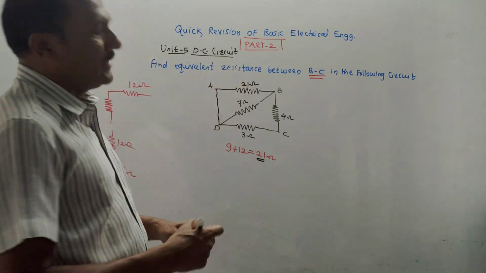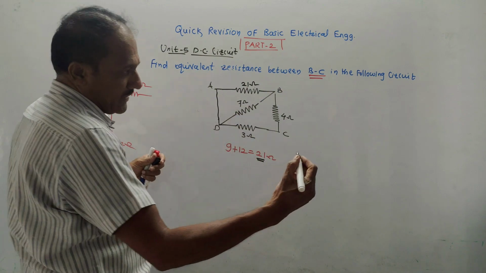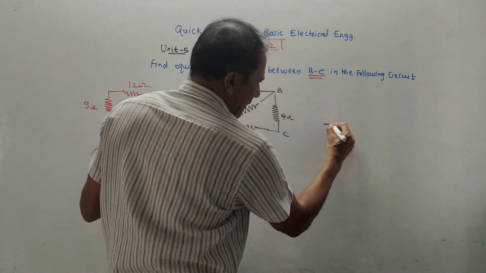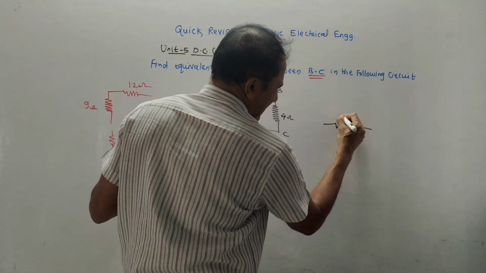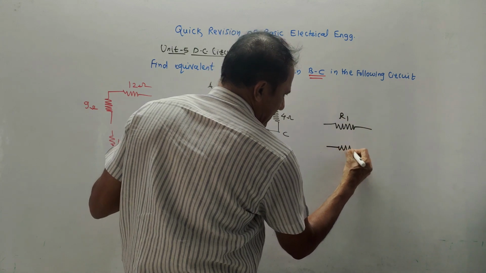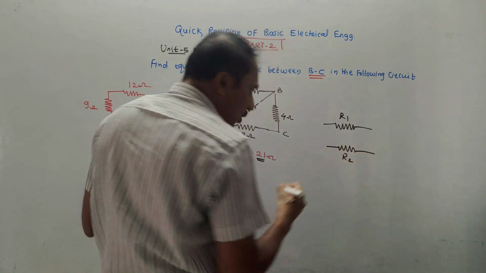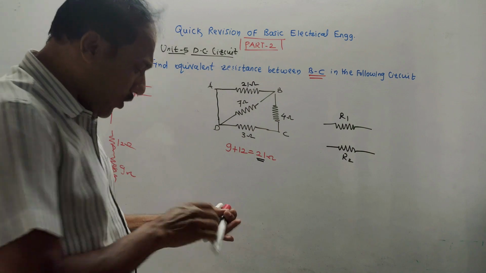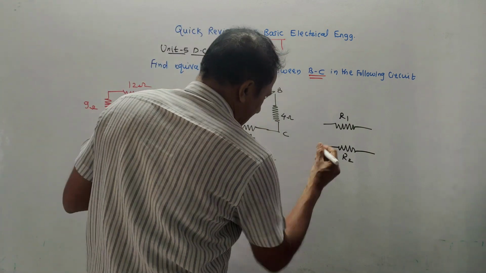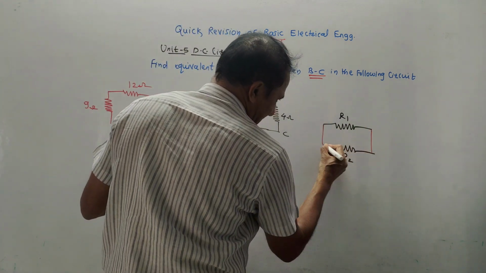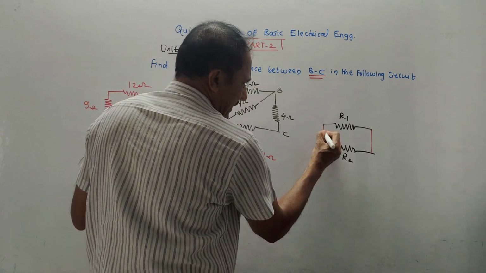One more important thing for another numericals, remember it like this. If I have two resistors, this is R1 and second resistor say R2. How to check whether they are in parallel or not? Suppose I make the connection like this. Think like this.